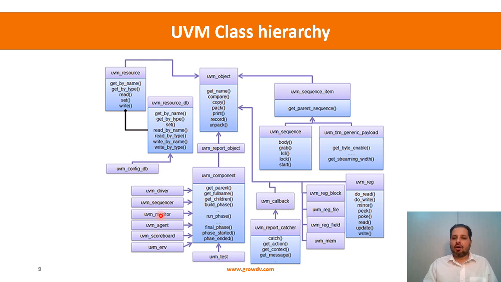You have a UVM monitor which will monitor the interface and generate transactions for you, and then we have the UVM scoreboard base class where you can implement all your comparison functionality, and then you have UVM env which is your environment, okay. And then this UVM component is also extended to create the UVM test, and in the test we'll instance this environment and run these sequences that we have defined. That is the basic concept, okay.